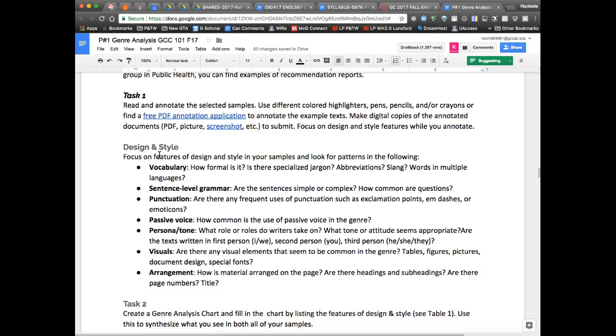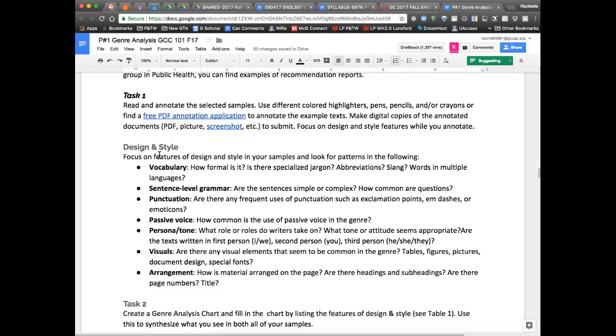Horror, dark settings, monsters. Science fiction, robots, aliens. Westerns, guys dressed in black, guys dressed in white. Notice I said guys. So it's the design and style. Are there content features and conventions? Absolutely, but you're going to be focusing on that a little bit more next week.